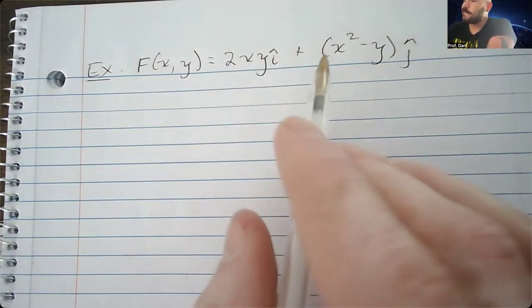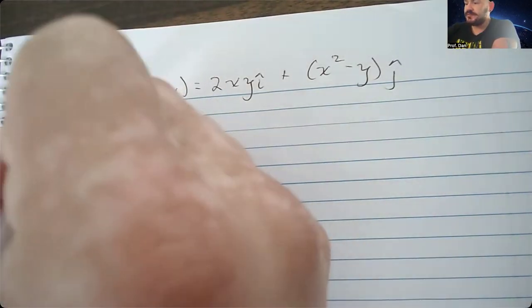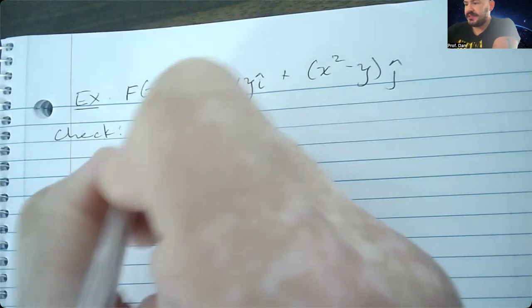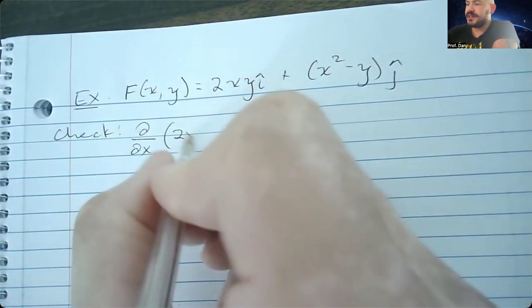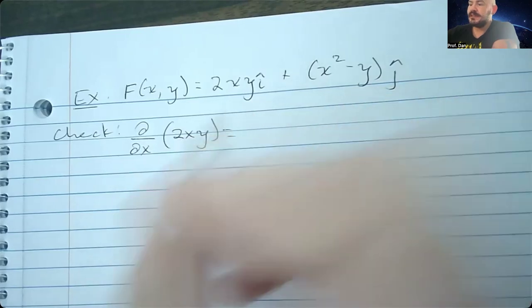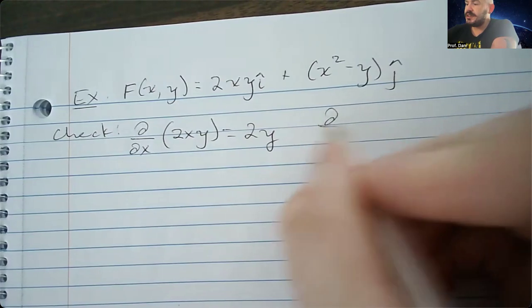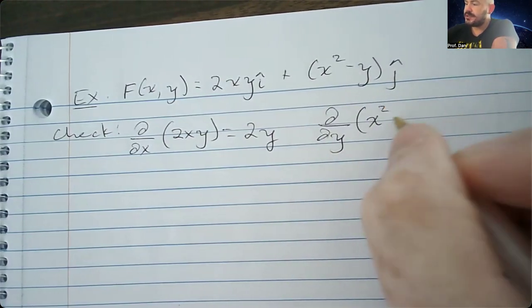So with that in mind, I'm just going to check. If I take the derivative with respect to x of my x component, 2xy, I end up getting 2y.